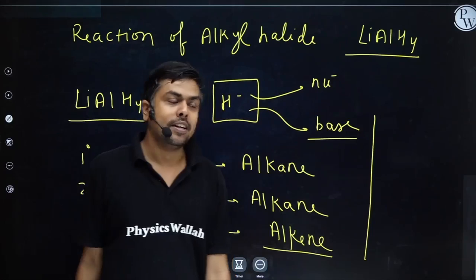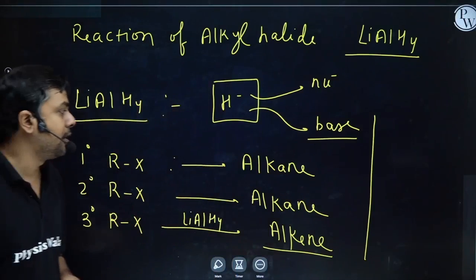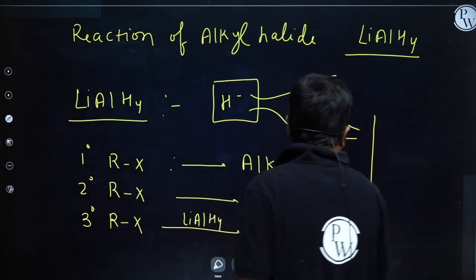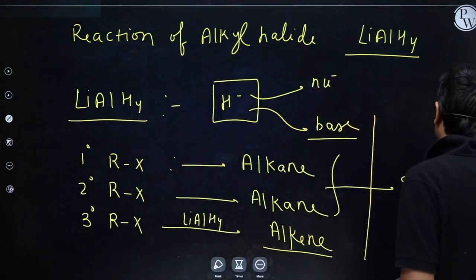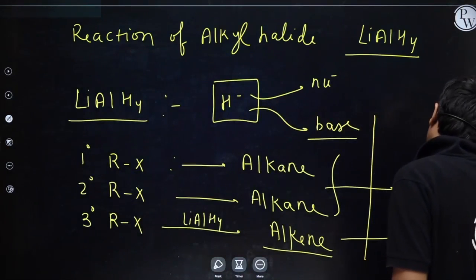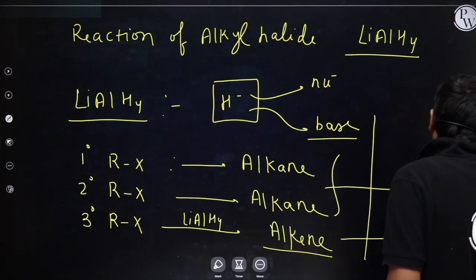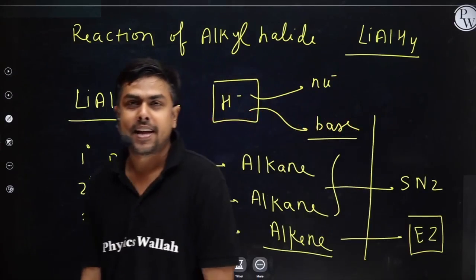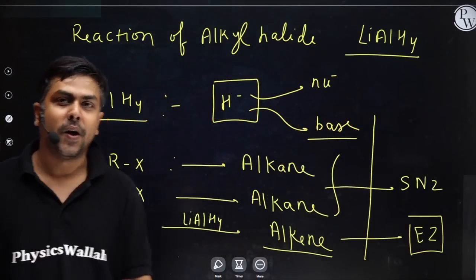Am I clear? The first two reactions are examples of substitution reaction occurring via SN2 pathway. The third one is elimination reaction occurring via E2 pathway. Am I clear, student? Okay.